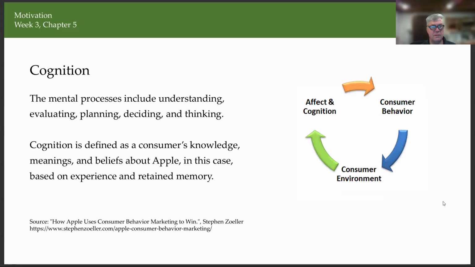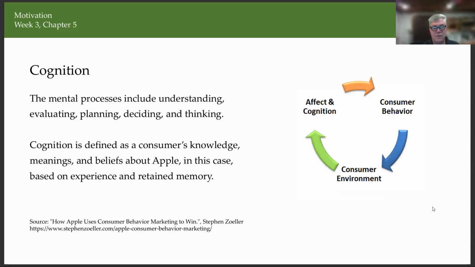Cognition, the mental processes, include understanding, evaluating, planning, deciding, and thinking. Cognition is defined as the consumer's knowledge, meanings, and beliefs about Apple, in this case, based on experience and retained memory.